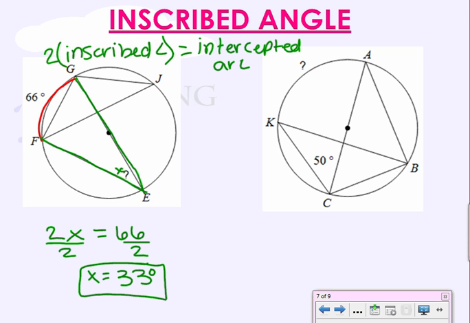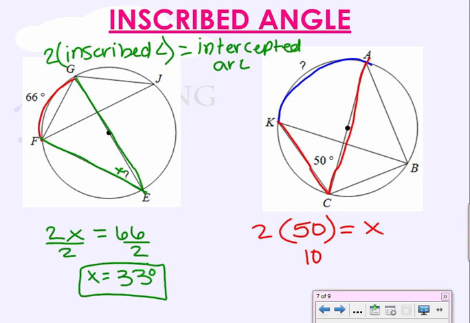Again, example number 2, I'm going to do the same thing. I'm going to trace my arc, and I'm going to trace from the endpoints to an angle. So I know that my inscribed angle is 50, and I have to multiply that by 2 to get my intercepted arc, which is what I'm looking for.